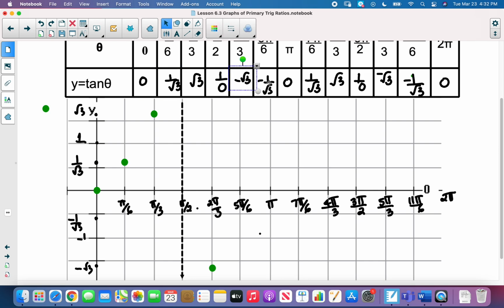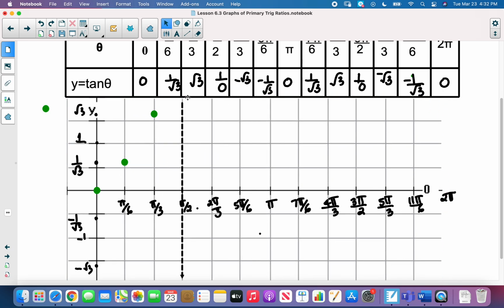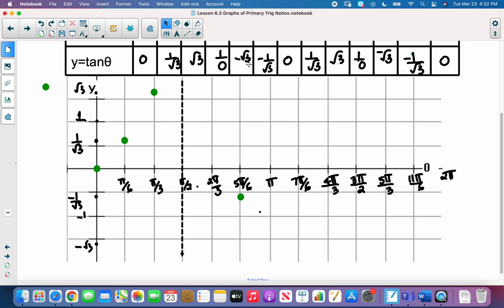Then we go to negative 1 over root 3, right here. We need one point here also, which is right here, root 3.